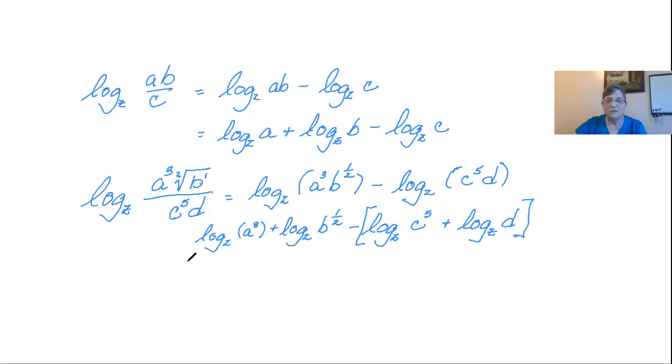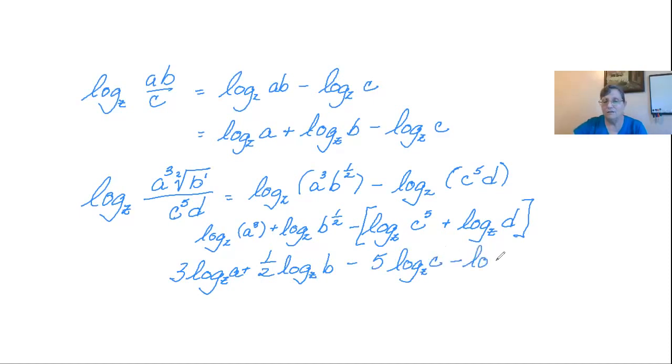So bringing the exponents down in front, I've got 3 times the log base z of a plus 1/2. Sorry, I left out the a. Plus 1/2 times the log base z of b minus 5 times the log base z of c minus the log base z of d.